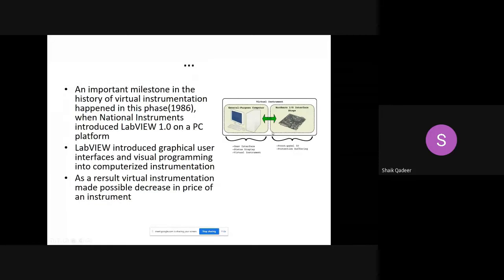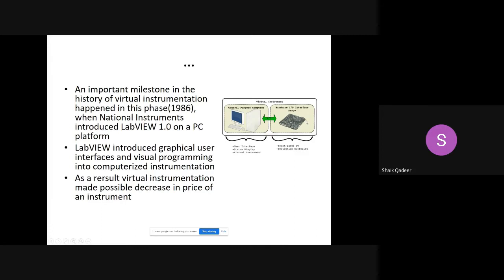You may ask me a question: sir, how about the interfacing hardware? Interfacing hardware remains the same. You do whatever interfacing you like. The only thing that gets changed is the type of sensor which is going to connect to the interfacing hardware. If you want to perform level measurement, connect a level sensor to this I/O interface hardware.